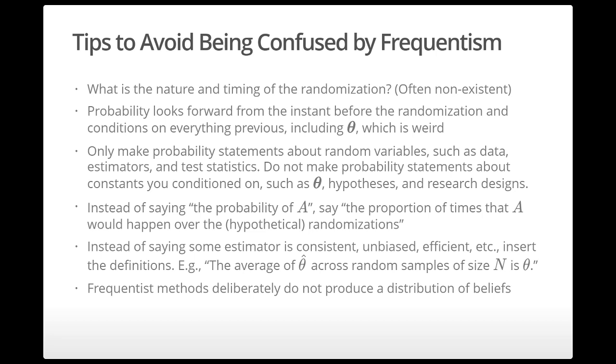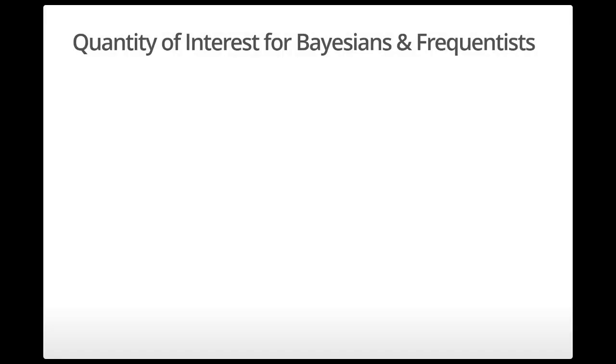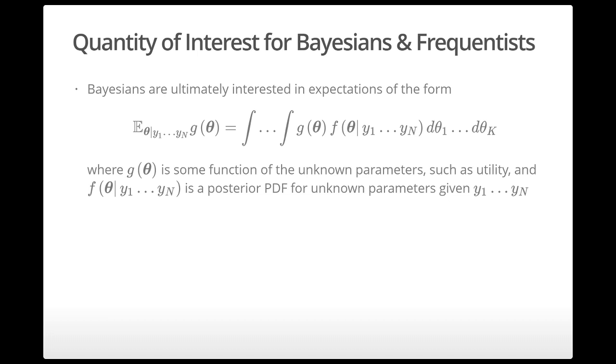All right, so an example of some math. Bayesians are really interested in expectations of functions that take the following form. G is some function of the parameters, maybe a utility function that you're going to take the expectation of in order to decide what decision would maximize your utility. And then you have a posterior PDF of these parameters given the observed data that you have collected.